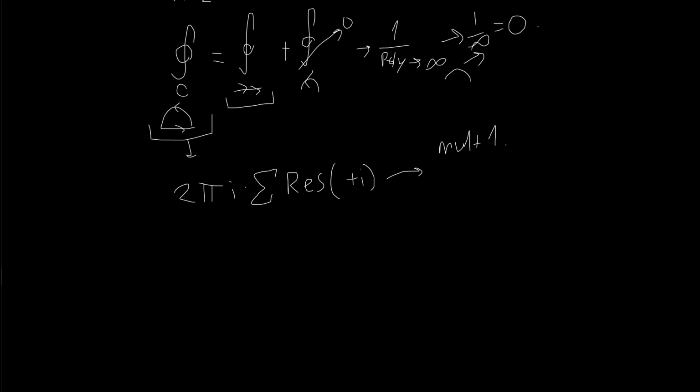Since this is multiplicity 1, we can simply use the formula. So we have 1 over x squared plus 1, right? As we can see, 1 is equal to p of x, which is, of course, not equal to 0. If we plug in i into here, that would get you negative 1 plus 1, which is equal to 0.